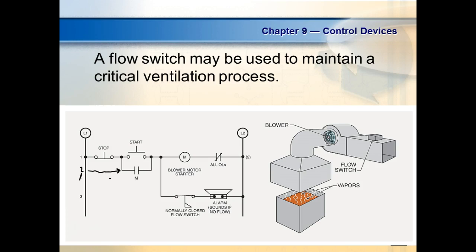It's got an M. I know that's a magnetic motor starter. How do I know it's a magnetic motor starter? I got overload. Good. Motor starts. Wind starts blowing. Yeah, if it doesn't get any flow, then it's going to do what? It's going to sound the alarm, right? Everybody okay? Pretty easy. Yes, no? We don't have any flow switches, so we can't.